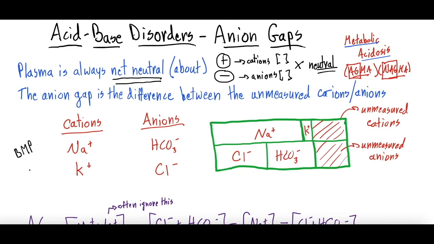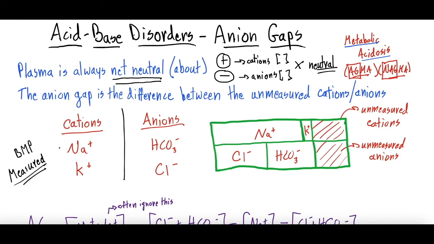It's a look at the primary measured cations and anions in the body, and we have them written out here. The anion gap is the difference between the unmeasured cations and anions, but to understand that, we have to know what the normal measured cations and anions are.